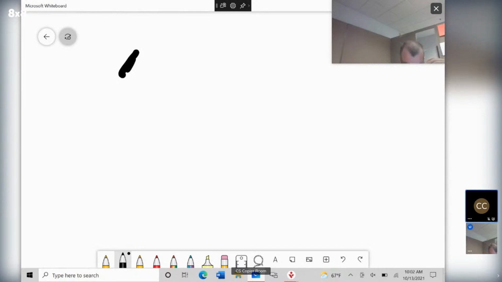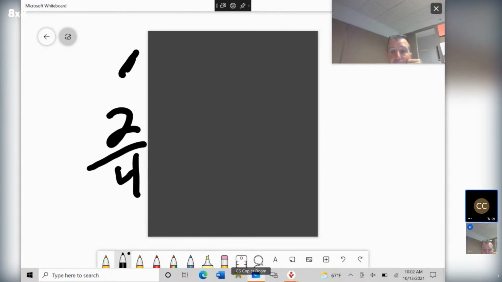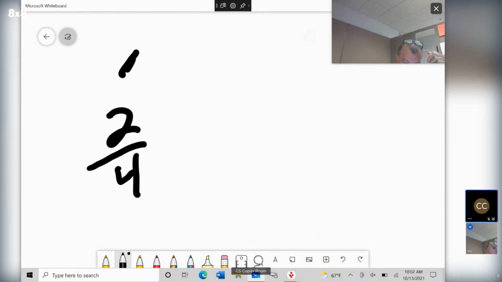So I'm going to start with 2 over 4. If you get that, it says convert this fraction to a decimal. What we would do is divide the denominator, which is the bottom number, the 4, into the 2.